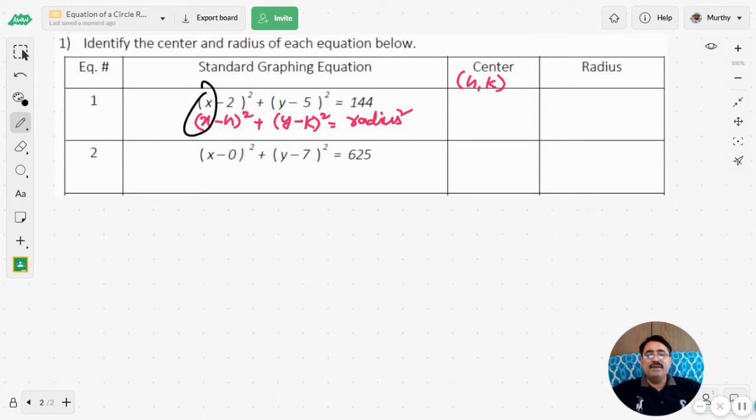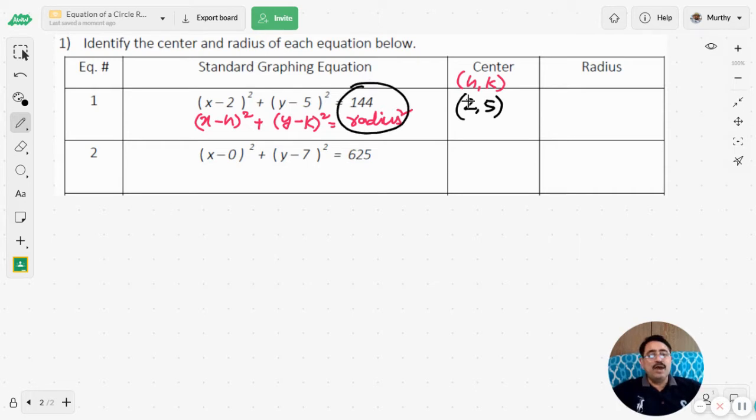I see that x is matching, the negative sign is the same. So what's the value of h? If I compare, then I can say that the value of h equals 2. And y is matching here, negative sign the same. Then k is 5. Therefore, 2 comma 5 is the center of the circle.